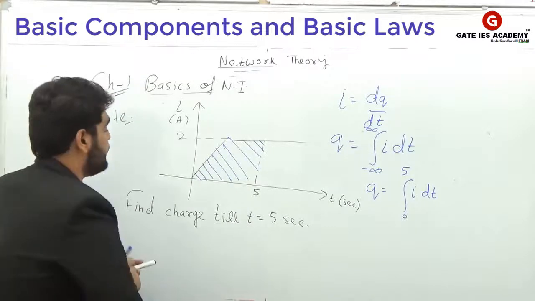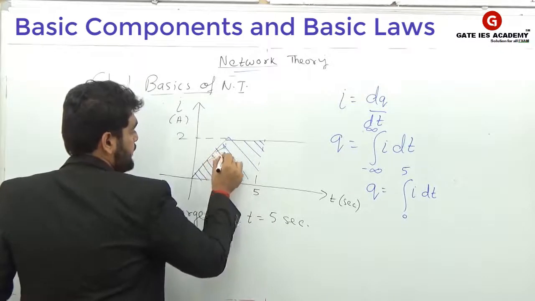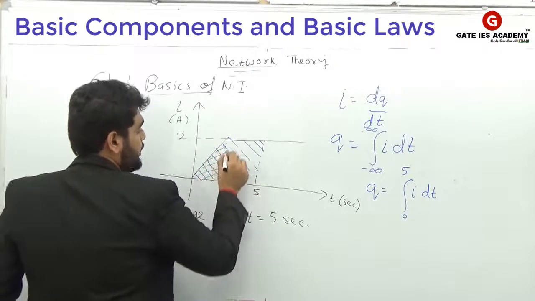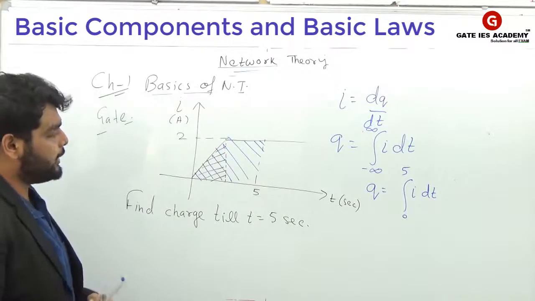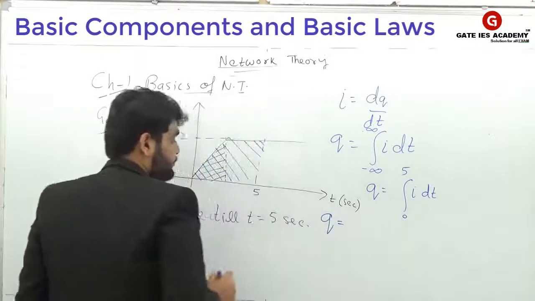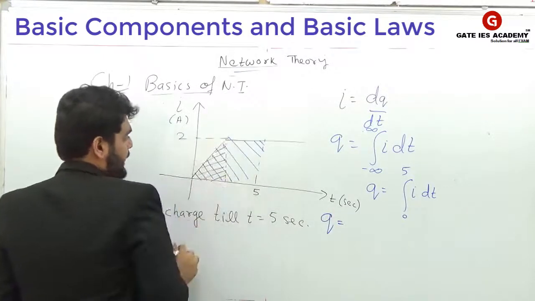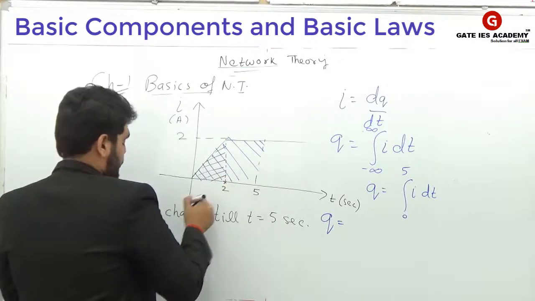Now you can easily find out this area. How? This is triangle, this is square, right? So if I find out area of triangle and area of square, and then I can add up. So total charge will be area of triangle, and sorry, I forgot to give one time here, it is 2, okay?